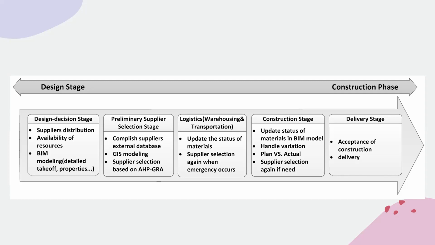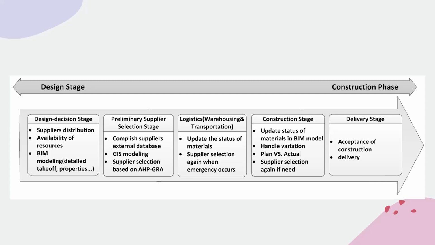After selecting the suppliers only, we can move on to the logistics, how to store them, how to transport them, the status of the materials, the storekeeping, the selection again when an emergency occurs. How we have to have some suppliers for emergency situations as well. After doing the logistic part, only we can go on to the construction stage. And this logistic part and the construction stage, it is an ongoing process.